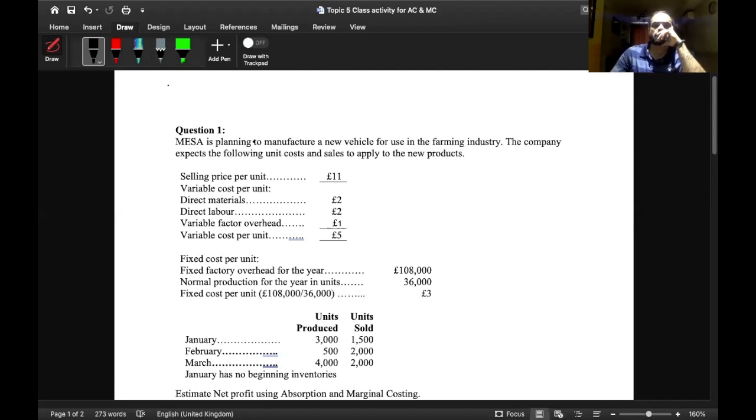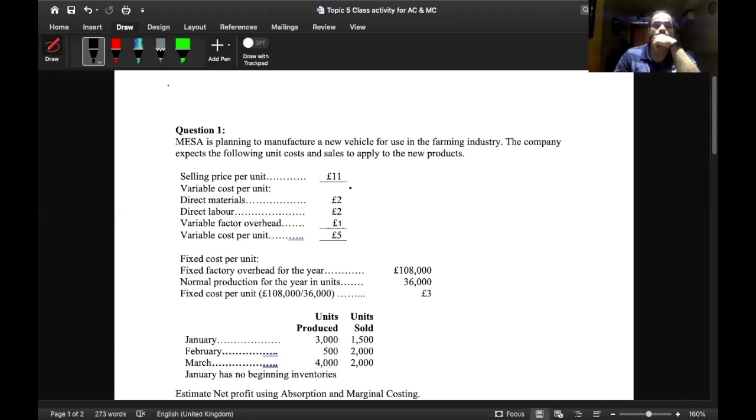So Mesa is planning to manufacture a new vehicle for use in the farming industry. The company expects the following unit cost and sales to apply to the new product. So we have selling price, which is 11 pounds.